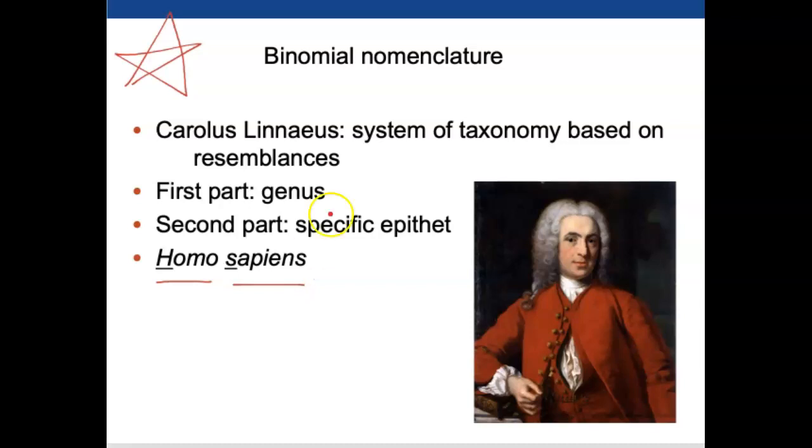When you see a word in italics that you probably can't understand or read or pronounce because it's in Latin, that should key you in on the fact that that is the scientific name of that species.